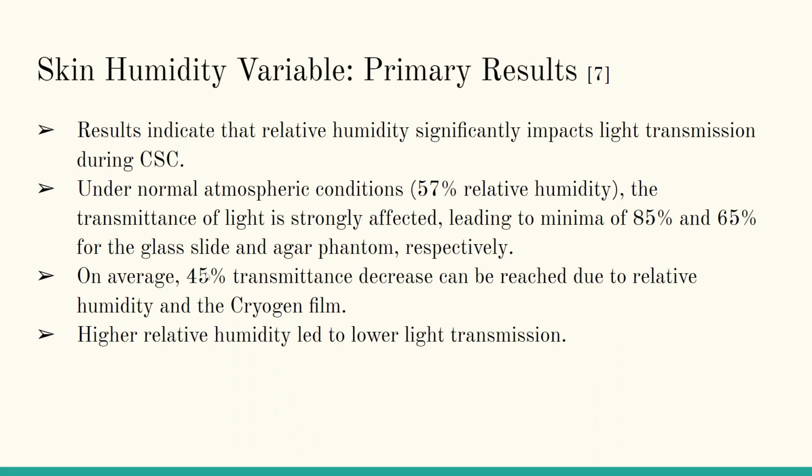They noticed a 54% decrease of transmittance because of the cryogen film, because it reflects the light pretty much, and that's not what we want. We want as much transmittance as possible for the image to be taken in a very natural manner.